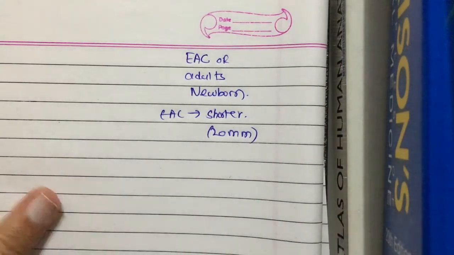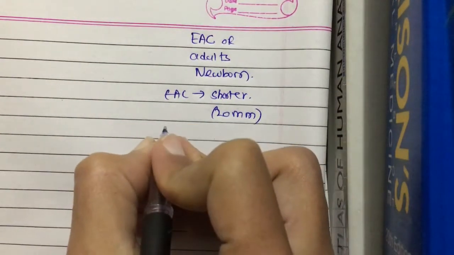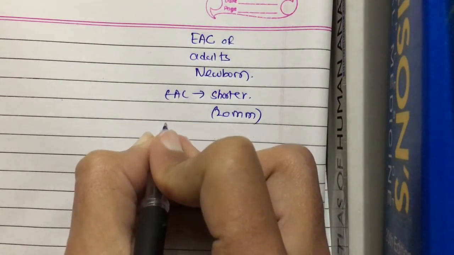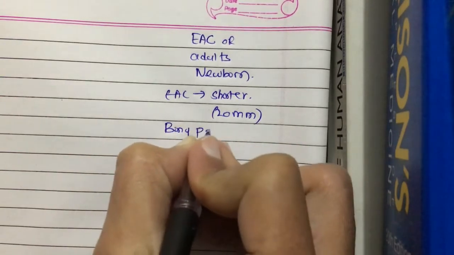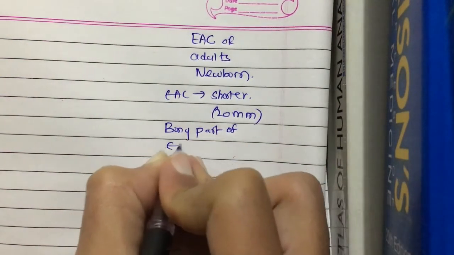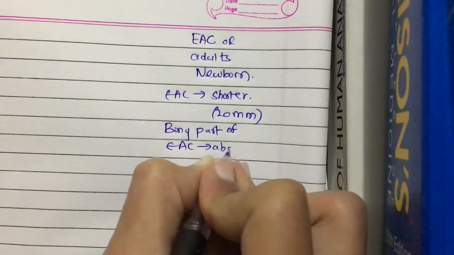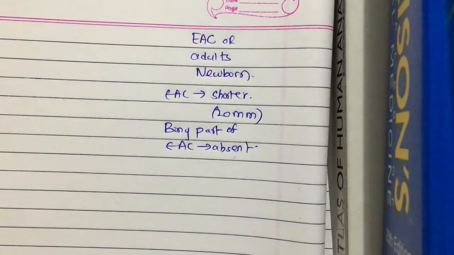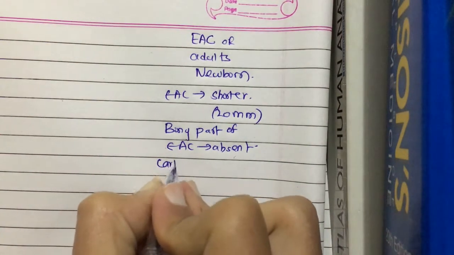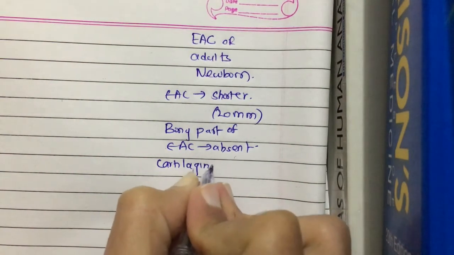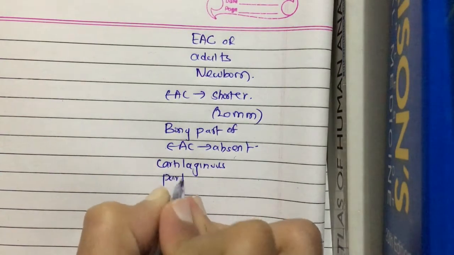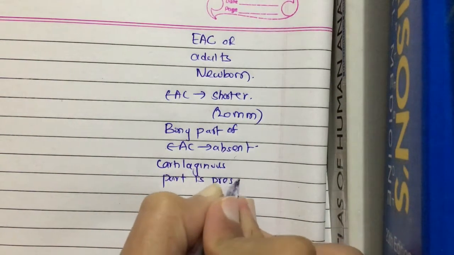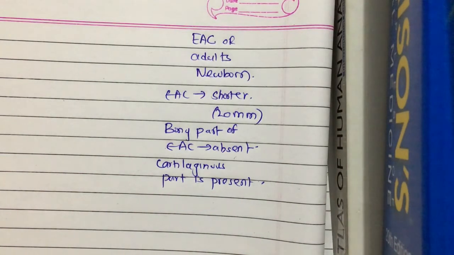Second, in the newborns the bony part, that is the inner part of the external auditory canal, is absent. Only the cartilaginous part is present.